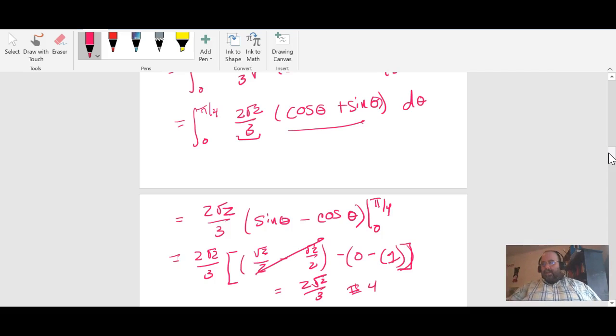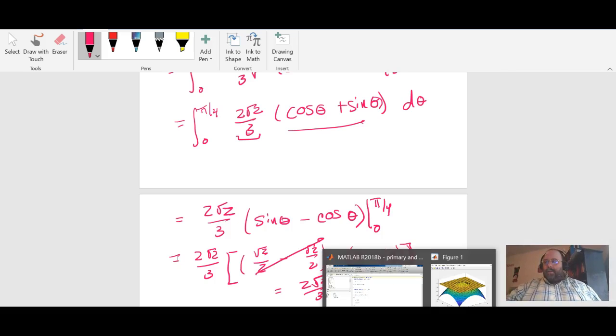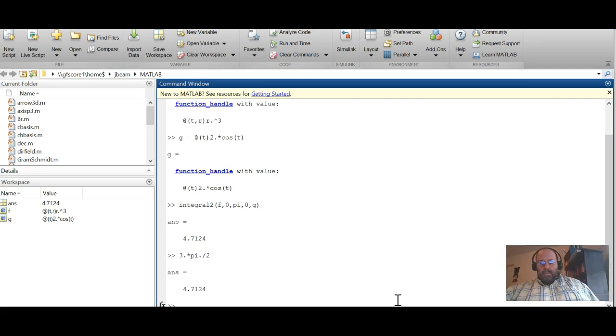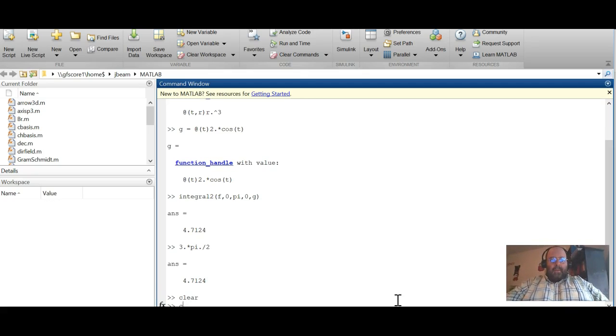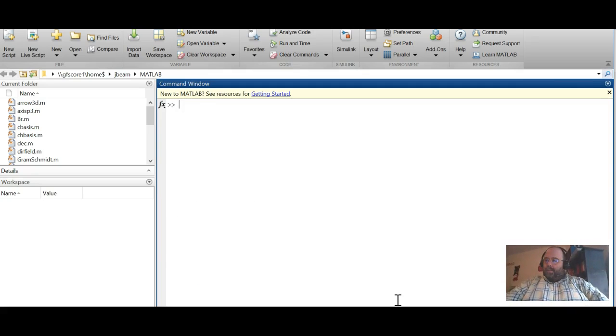And again, I can verify my work using MATLAB. This would be a fun one to work both ways, but let's clear it all out. I put in f as a function of theta and r, where r is r squared times cosine theta plus sine theta, I think is our guy.